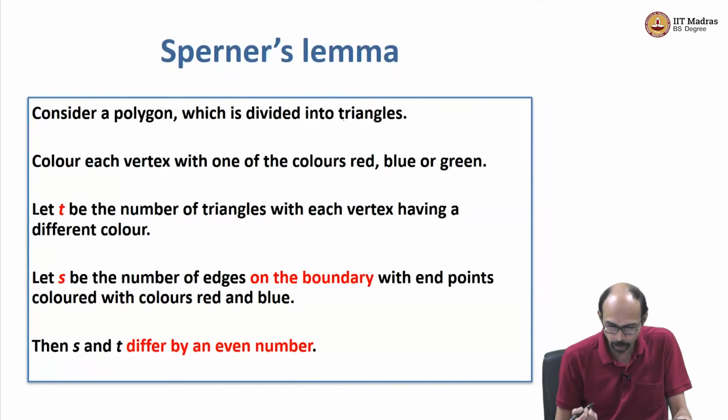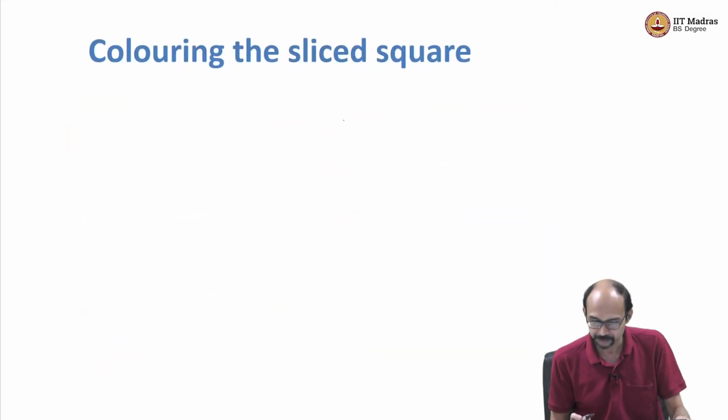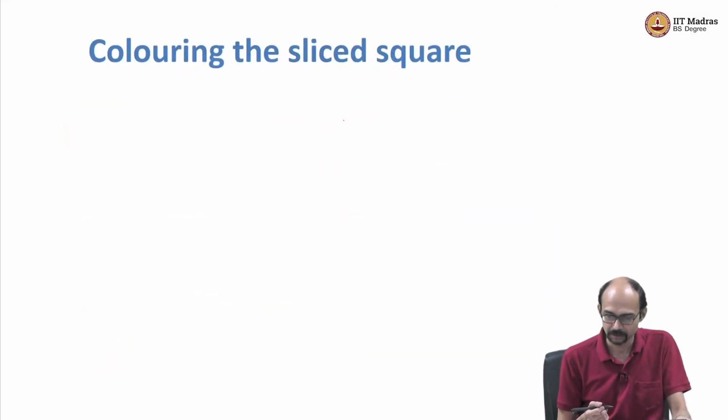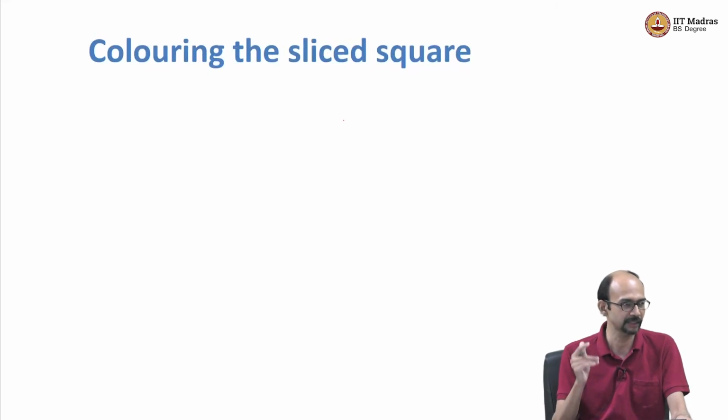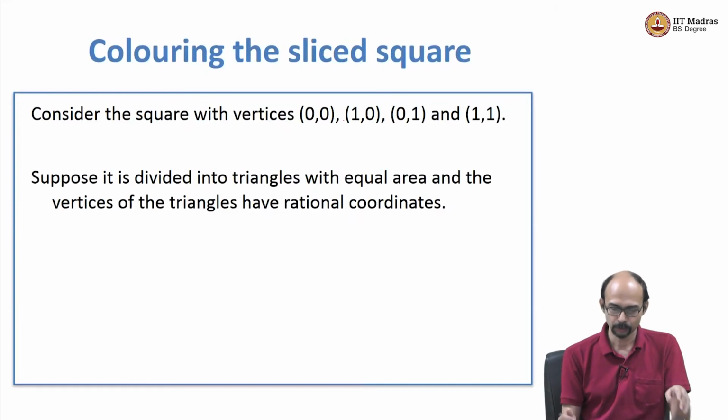I have only 4 more minutes, so I can't complete the proof clearly, but I'll sketch it. The proof is through this really clever trick, and this is like the heart of the proof. It's just a simple one line statement, and then you can do the rest yourself. First of all, you can think of your square as sitting at 0 0, 1 0, 0 1 and 1 1.